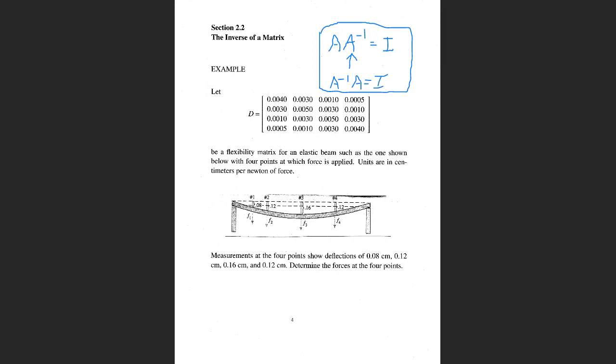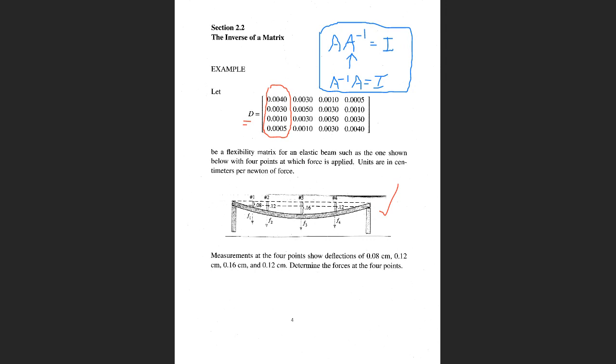Okay, so I know you're copying here, and I'll just make a few comments. This matrix D is called a flexibility matrix, and there's Example 3 in the textbook that gives a little detail about what the matrix D is. In this example, you have a beam with 4 points on it where force is applied.